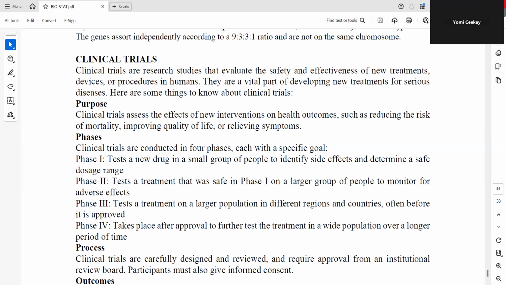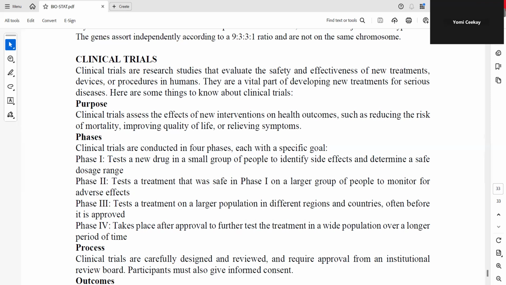The third is to test a treatment on a larger group in different regions and countries, often before it is approved. Like during COVID-19, it affected the whites very much in Europe and America, but you can see that the effect was not as much in Africa.